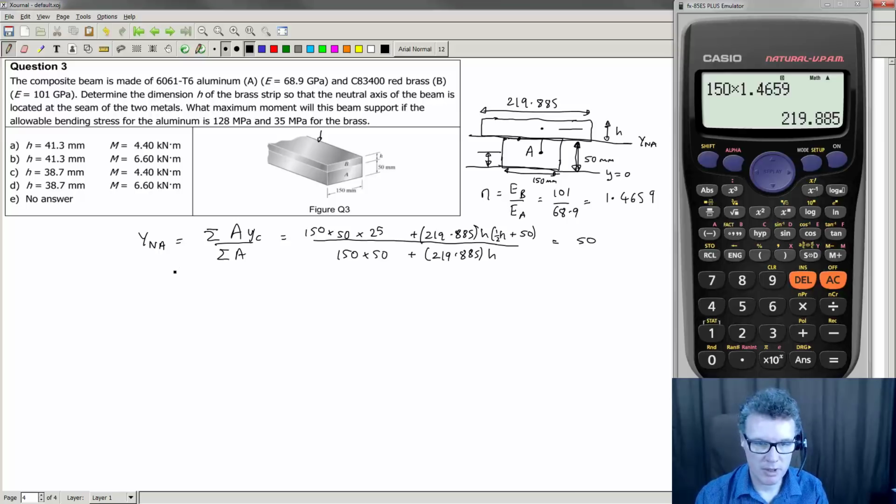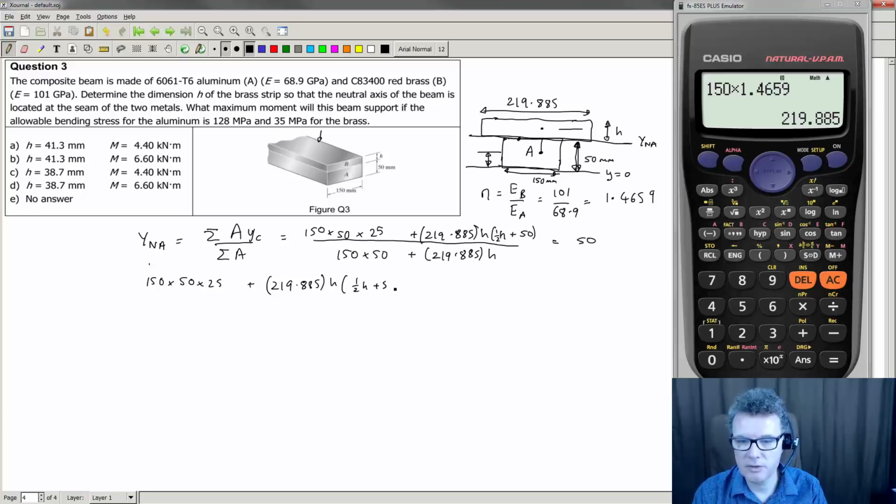Fortunately, when we multiply this out, I'm not going to do the sums, we end up with 150 times 50 times 25 plus 219.885 times h times half h plus 50, equals 150 times 50 times 50 plus 219.885 times h times 50. Let's rearrange it so it looks more obvious.